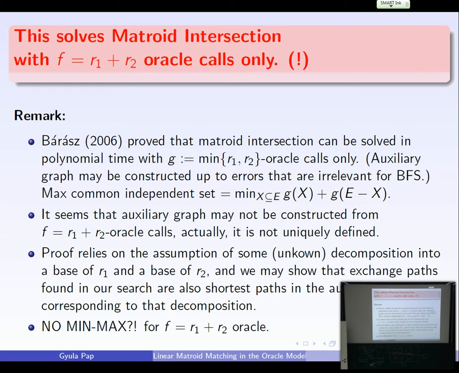By the way, doing matroid intersection with an oracle model like this, with the sum of the two rank functions, it is easy to see that it is equivalent to matroid matching, but I don't know any other approach that would solve matroid intersection just from this oracle.